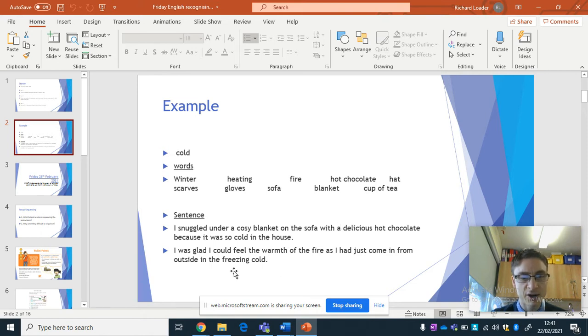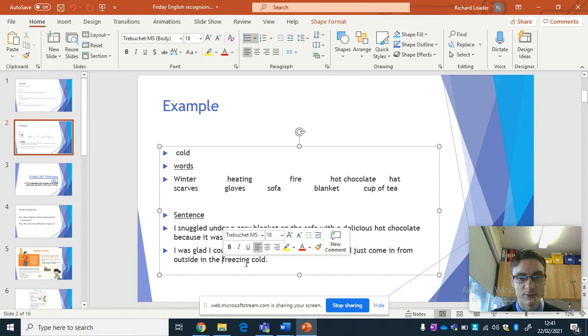I was glad I could feel the warmth of the fire as I had just come in from outside in the freezing cold. Okay, so again, it's given that reason, isn't it? It could just be I was glad I could feel the warmth of the fire, but it takes it further, doesn't it? As I had just come in from outside in the freezing cold. Again, adjective to describe the cold, add more information about the cold.